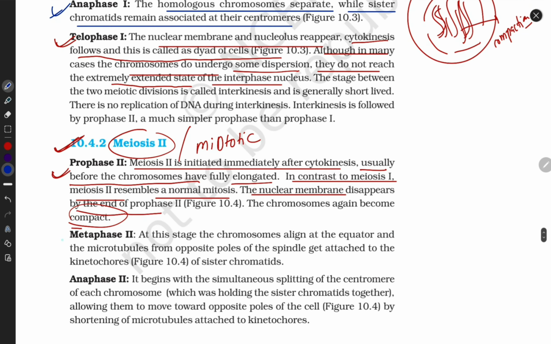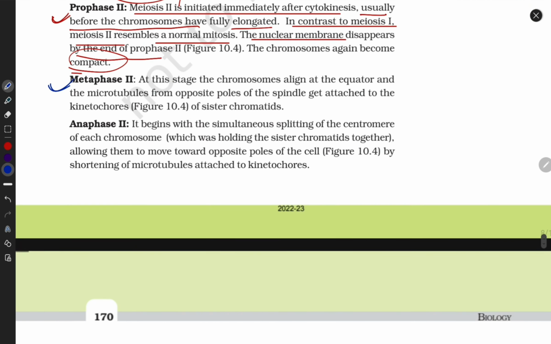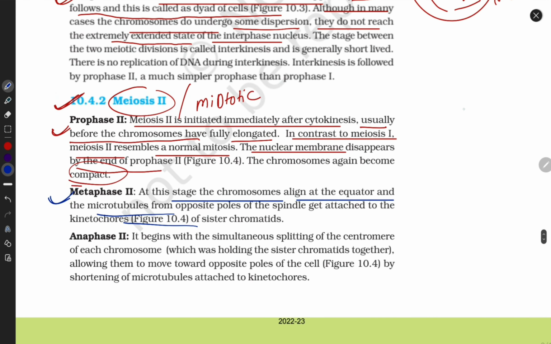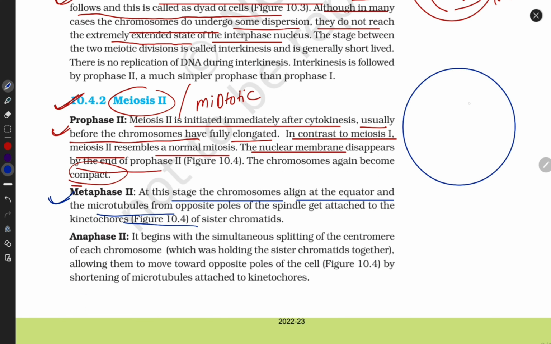Now what happens in metaphase? At this stage the chromosomes align at the equator. The nuclear envelope has dissolved. The centrioles reach the poles. You have to write this in your exam.